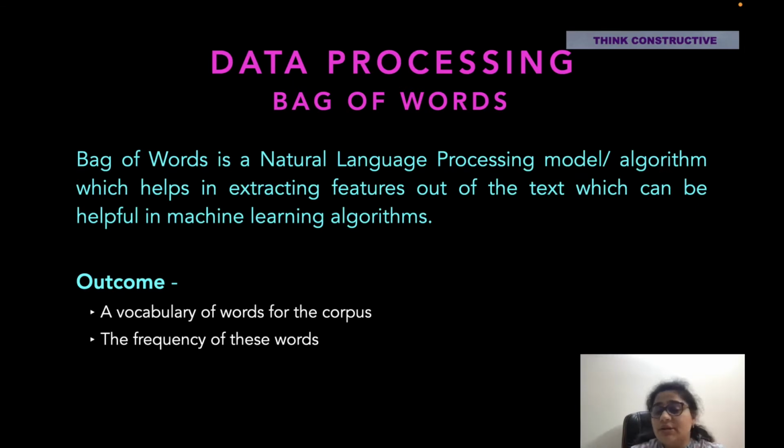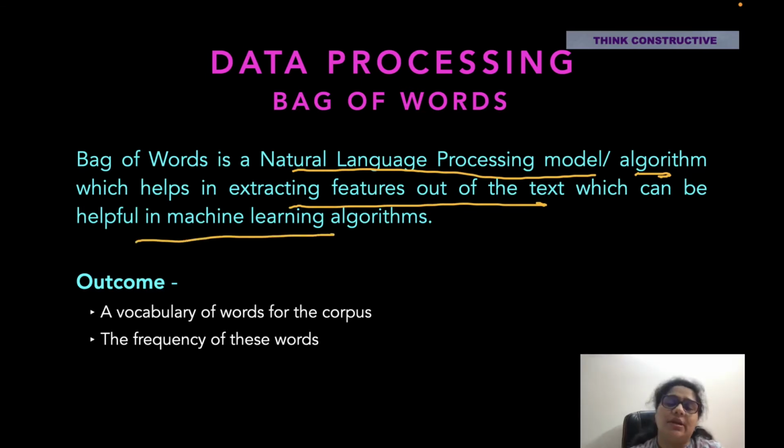A bag of words is a natural language processing model or algorithm which helps in extracting features out of the text, which can be helpful in machine learning algorithms. The whole idea of natural language processing, whatever we have already learned, is to convert human language or natural language into a computer understandable format.